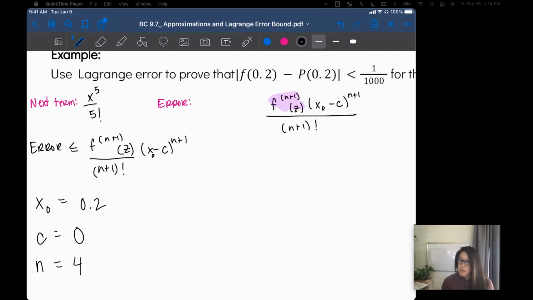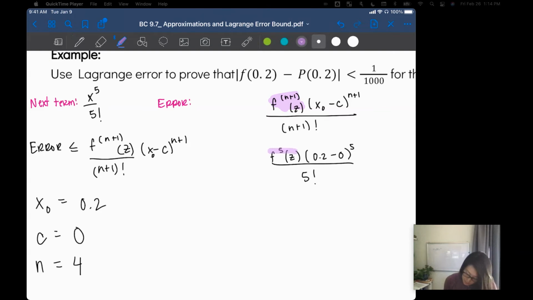Again, it's just the maximum value that we think is going to be the 5th derivative of f. So this is going to be the 5th derivative of f evaluated at something times 0.2 minus 0 to the 5, because this is the first unused term, over 5 factorial.